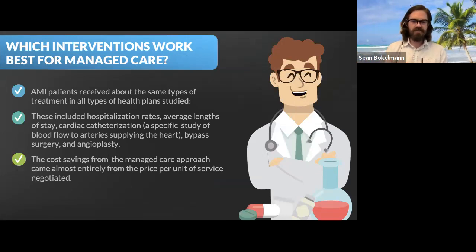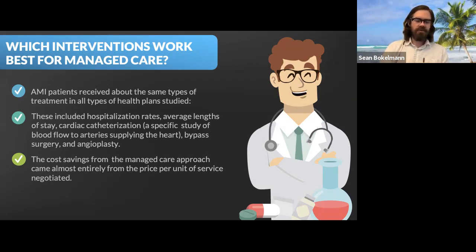So the HMOs, the PPOs, and the indemnity plans. And so these treatments included things like similar hospitalization rates, similar average lengths of stay, similar cardiac catheterization, as well as bypass surgery and angioplasty. So similar outcomes on all types of plans.